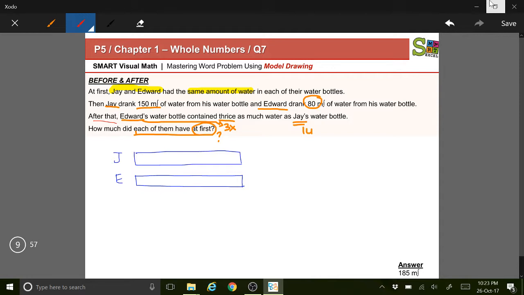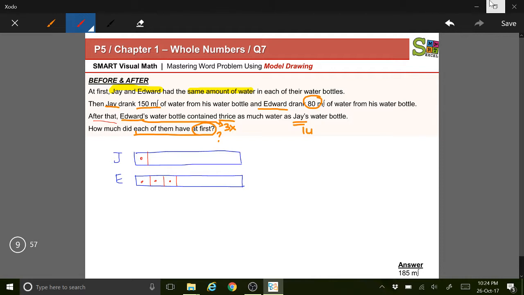They mentioned the result is Edward has thrice as much as J. So Edward, we cut it into 3, whereas your J is 1. That's what they mentioned in the third sentence: after that, Edward's water bottle contains thrice. So this shows the thrice, and this is the 1.